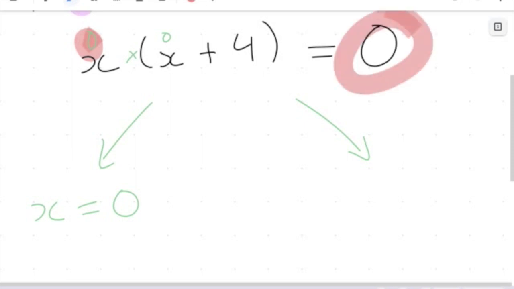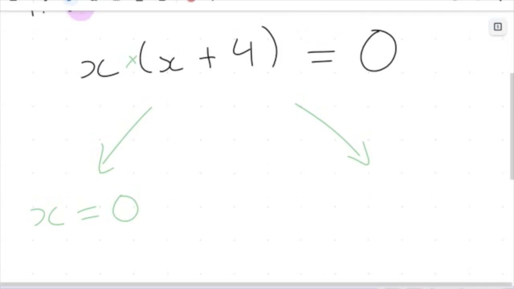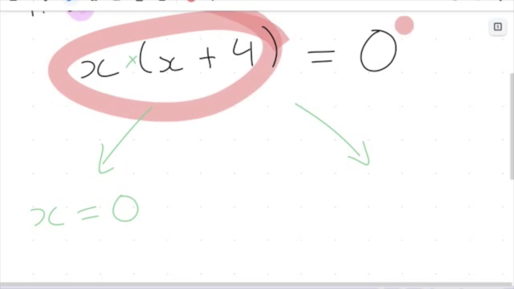So we're automatically going to get this solution. That's what the null factor law is all about. So one of the cases is when x equals 0. That is one solution to the equation. There's one way to get this thing on the left-hand side equaling 0 on the right-hand side.